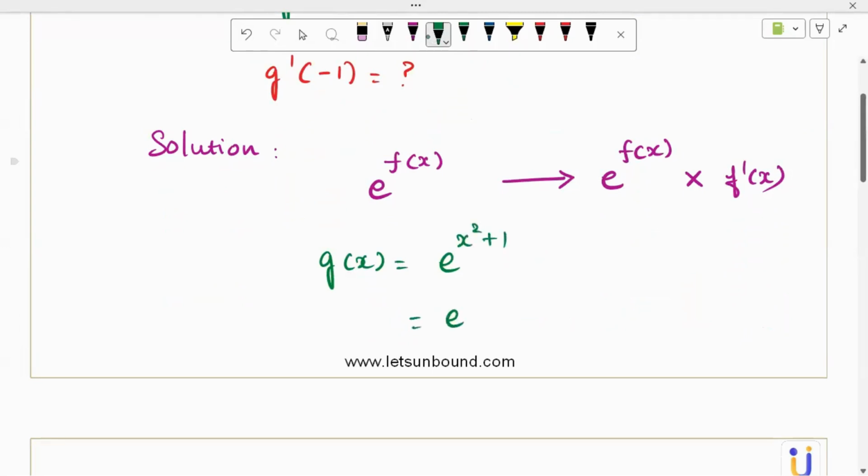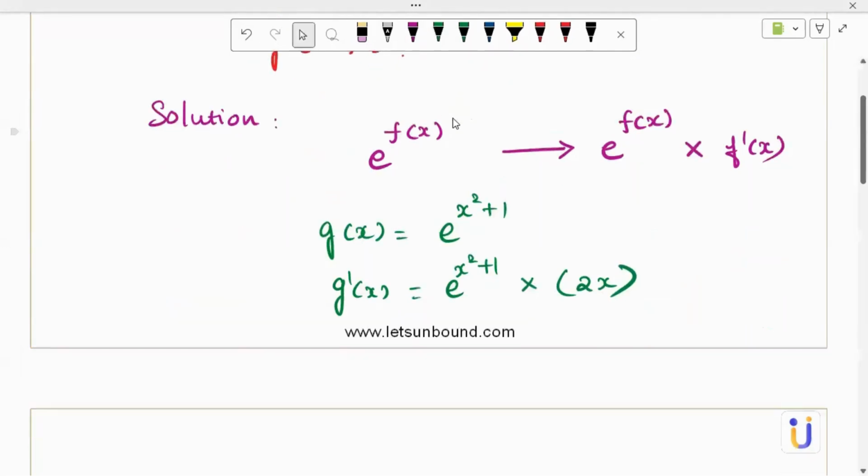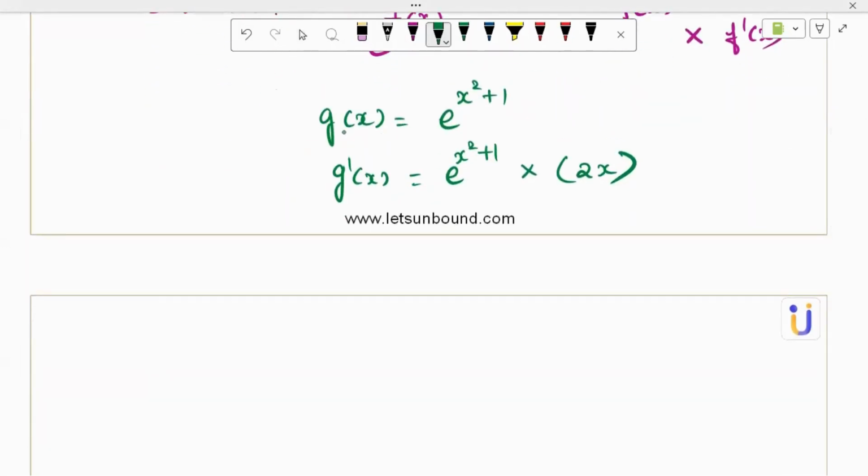So copy that for g dash of x: e power x square plus 1 times 2x. Differentiation of x square is 2x and 1 becomes 0, right? So that's it. We got g dash of x in a much simpler form: 2 times x times e power x square plus 1.